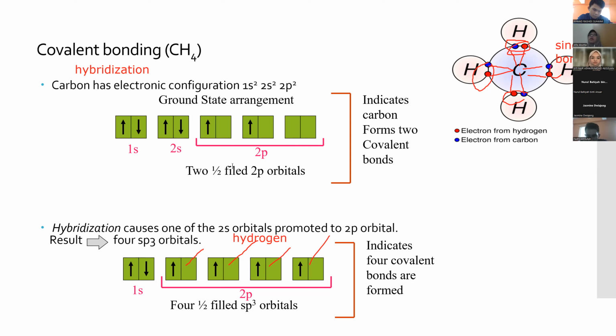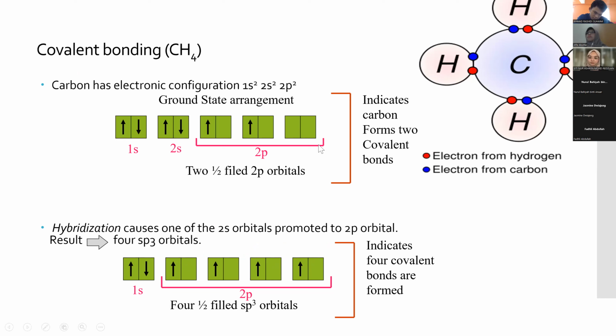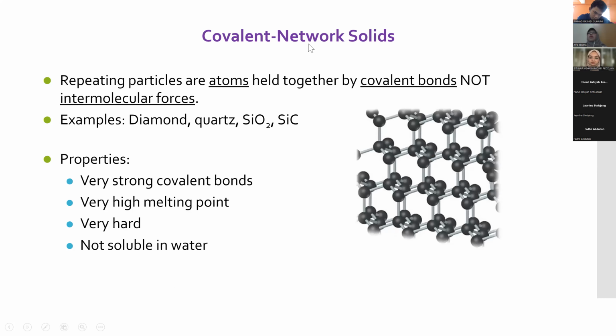In this case, carbon has four orbitals for hydrogen to fill. So there are four covalent bonds formed. This is the covalent bonding.